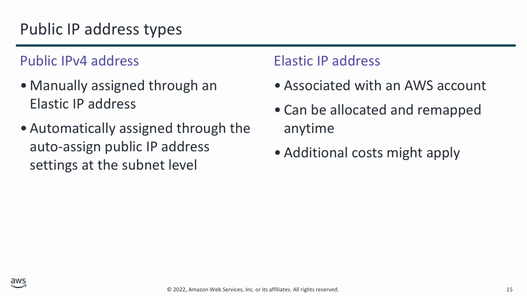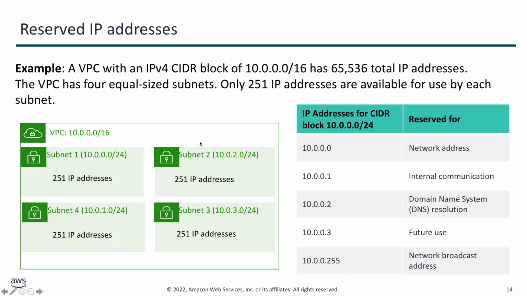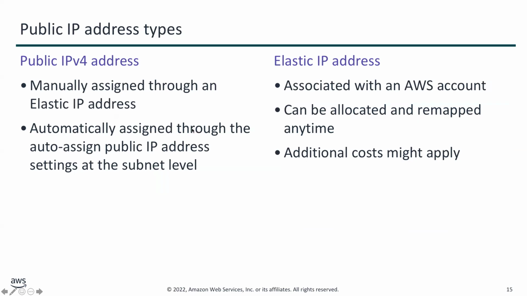Public IP address types. Now, we know what a public IP address is, right? These addresses, you see, 192.10 dot something and 192.168, are private addresses which cannot communicate directly with the internet. The IP addresses which can communicate directly with the internet, in a very simple sense, are public IP addresses, not private IP addresses, right?